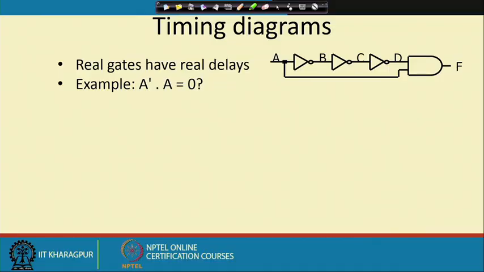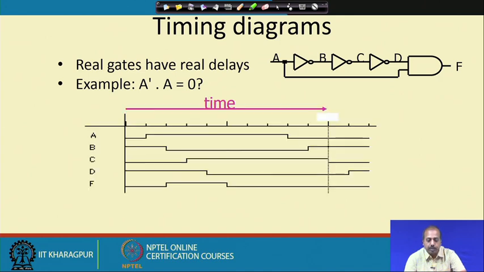In this case, we have taken an input A and it is inverted by 3 inverters producing outputs B, C and D, and finally they are ANDed. So B equal to A bar, C equal to A, D equal to A bar, and A. We are supposed to get F equal to 0, but due to the delay of these inverters, it may so happen that you get some other behavior.